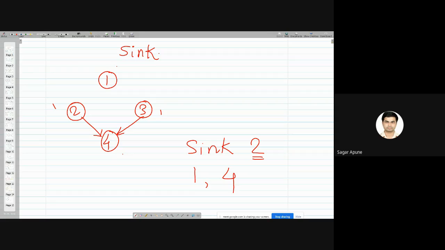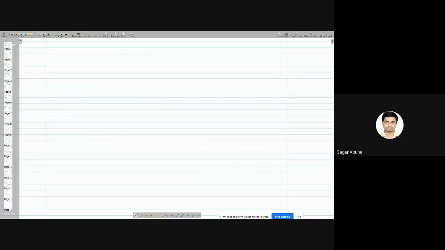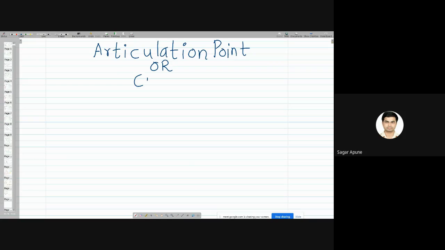Okay, next terminology: articulation point. Articulation point, or we can call it cut vertices.